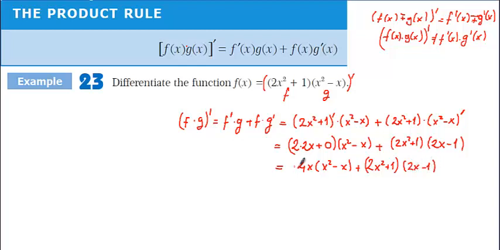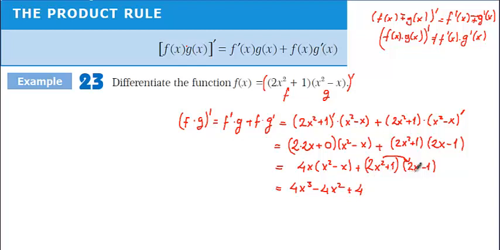Here it's easy to multiply. 4x times x squared is 4x cubed. 4x times minus x is minus 4x squared.